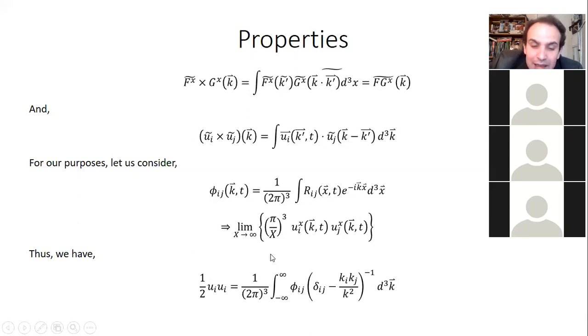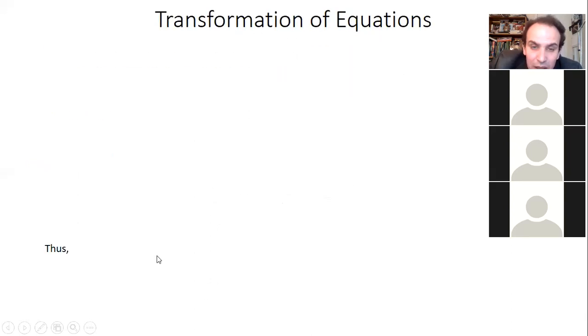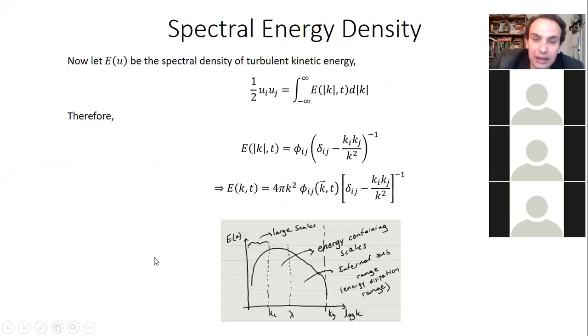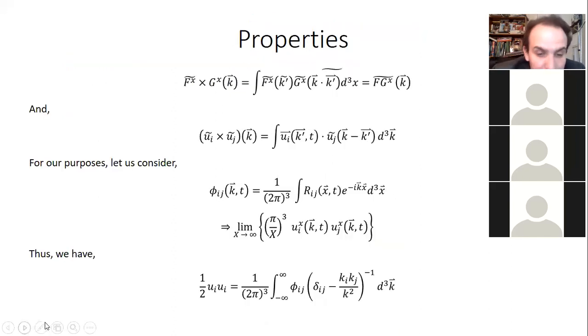Now let's introduce something that we call spectral density, spectral energy density. This is a scalar value, so generally speaking, it depends on k. So we decided that in the general case I can write u_i.